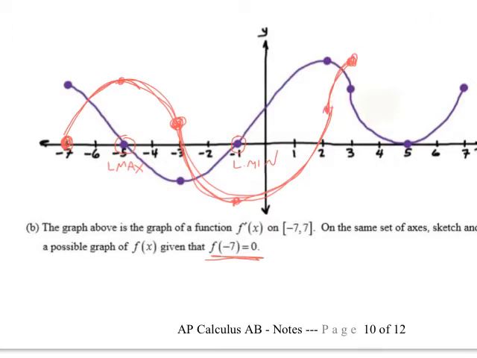So we keep our behavior of increasing but concave down all the way out to 5. And then finally, since our function starts to increase from 5 to 7, that means since the derivative is increasing, the function will be concave up. So in that last segment, we want to draw something that's concave up.